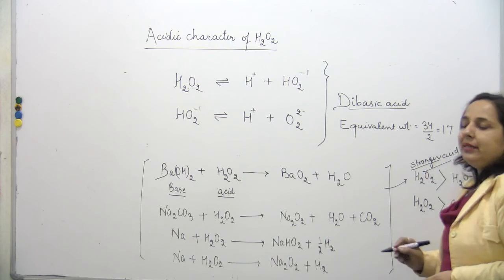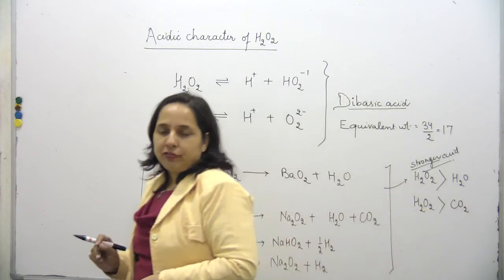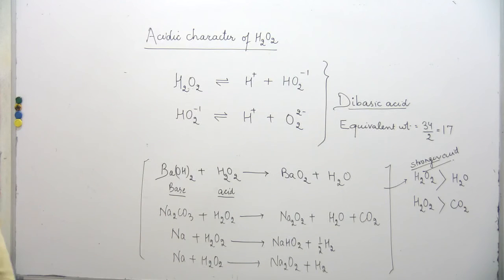That is the nature of hydrogen peroxide. It is acidic, more acidic than water, more acidic than carbon dioxide. So we can say H2O2 is a stronger acid than CO2 and water. That's about the acidic nature of hydrogen peroxide.